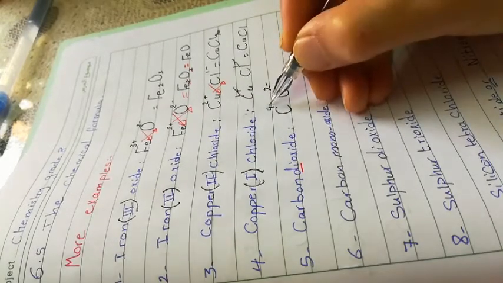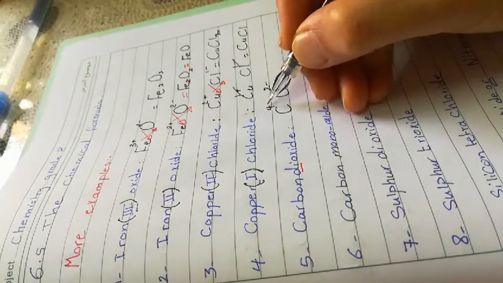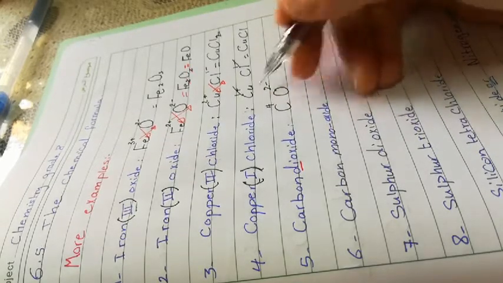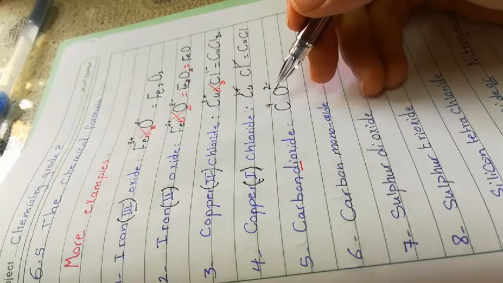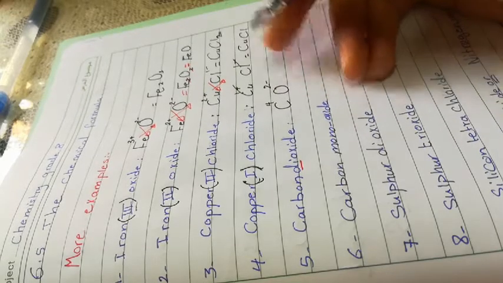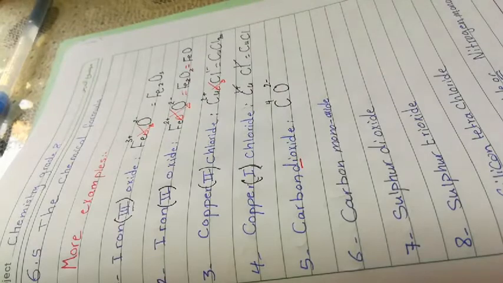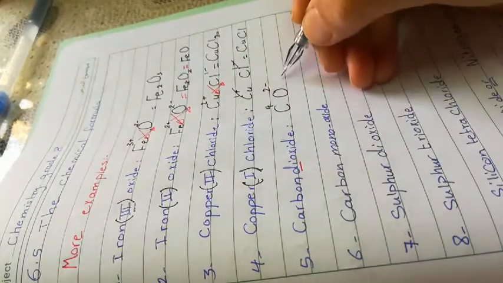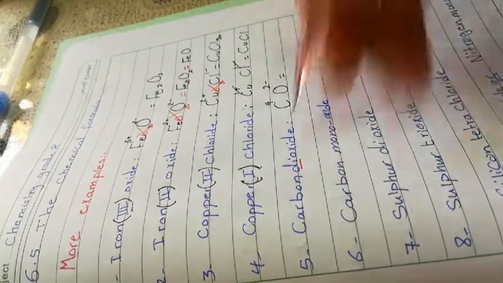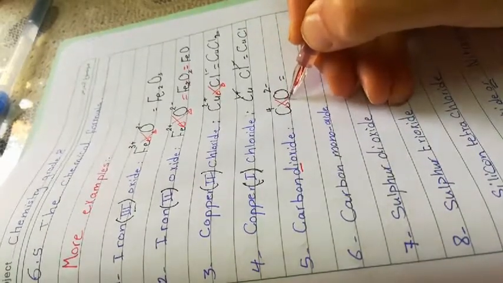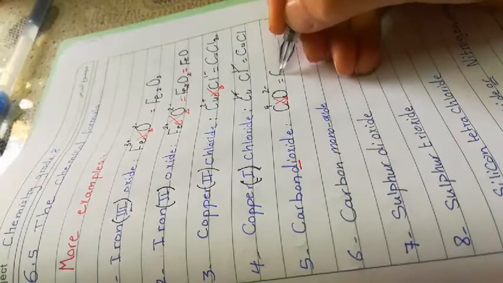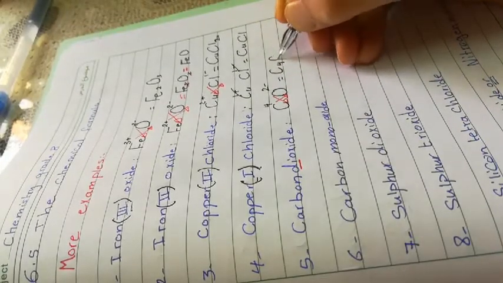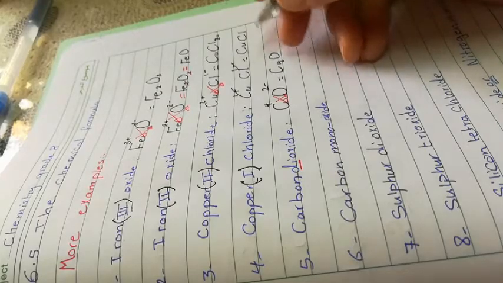The type of the bond here is a covalent bond. What does this mean? Not necessary to know that. It is enough to know that it is 4. Cross it. So it is C2O4.